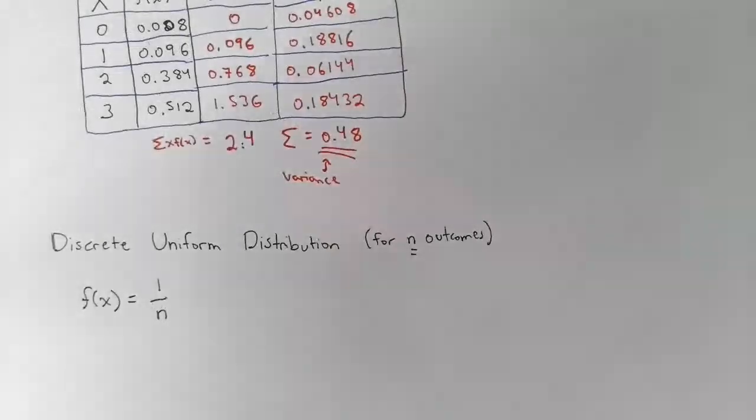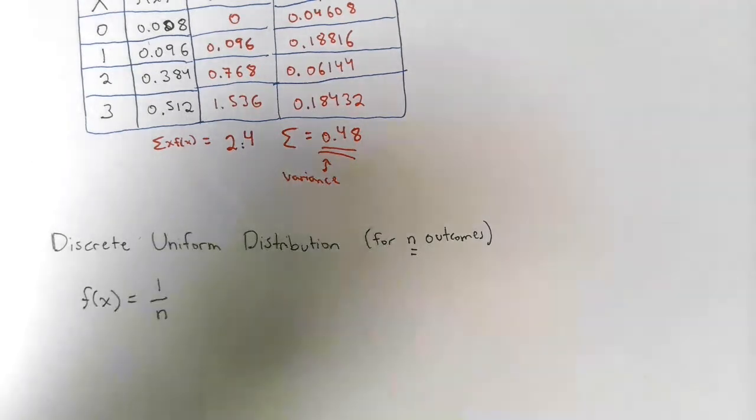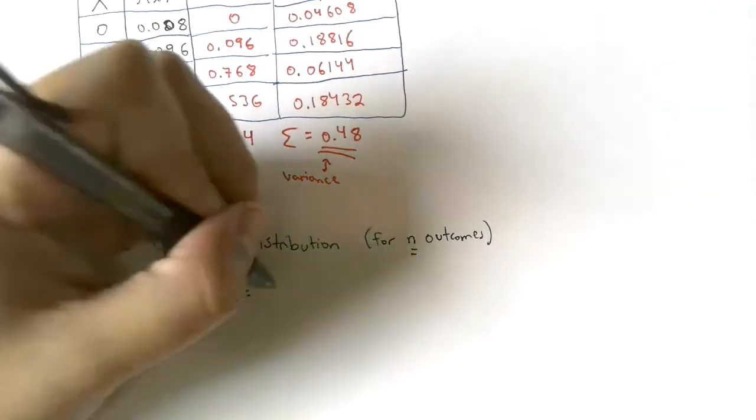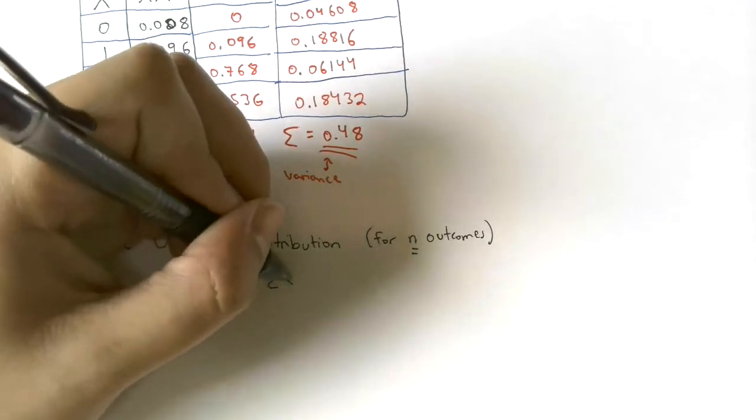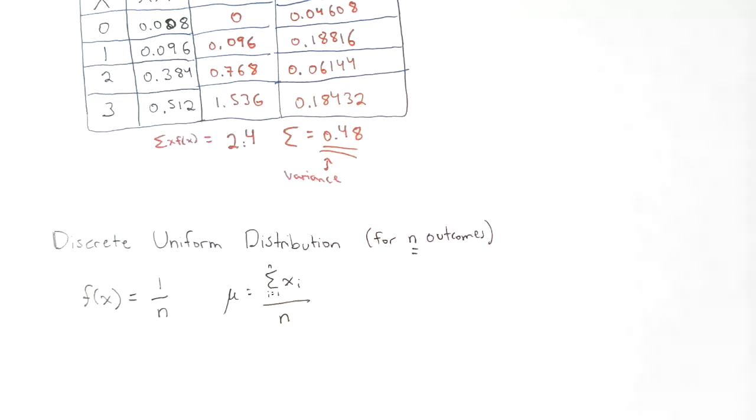And that's the average that some of you were already talking about, right? They were saying add up everything and divide it by the number of items. That is the mean of a uniform distribution, when you add everything up and divide it by n. So for a discrete uniform distribution, my mean is going to be equal to the sum of all my outcomes divided by the number of outcomes.